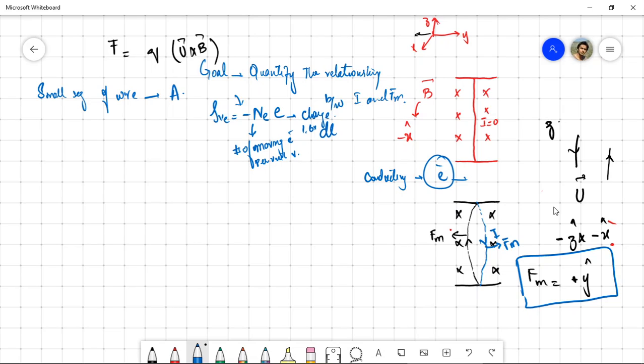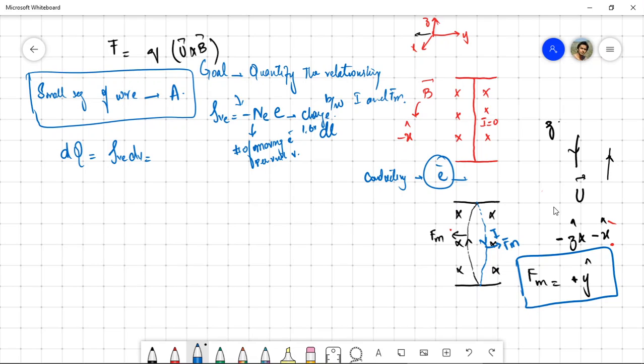The total amount of moving charge in an elemental volume will be dq = rho_v e dv. If we want to apply this to this segment, what will be the volume?